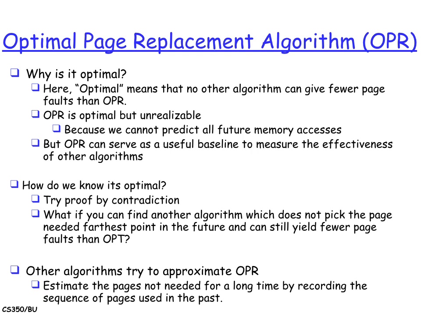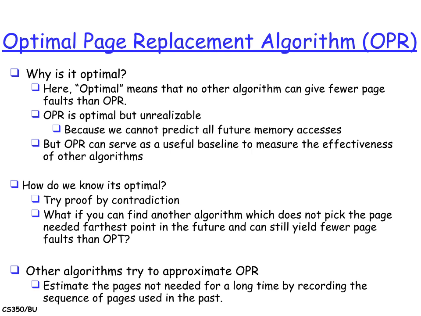So the optimal page replacement algorithm is called optimal because apparently no algorithm can give you fewer page faults than the optimal algorithm. Now this sounds really nice, so why don't we just use an optimal algorithm? Well, because you cannot implement the optimal algorithm.